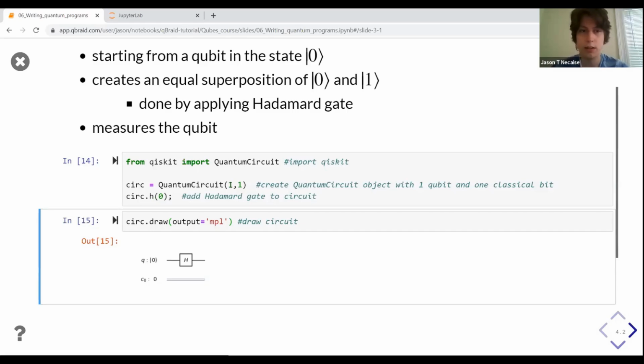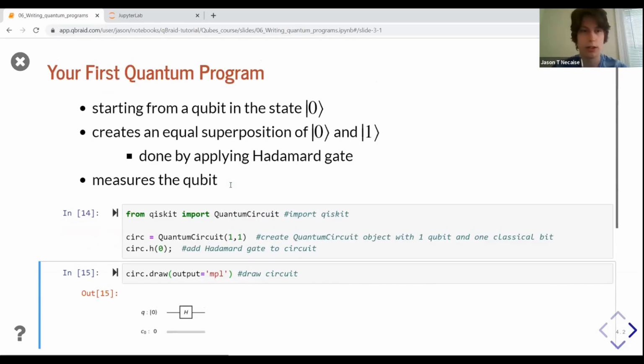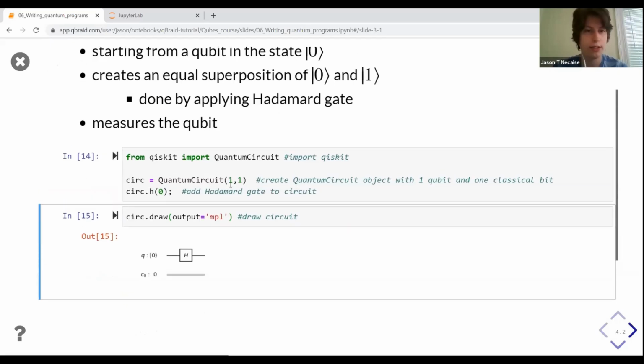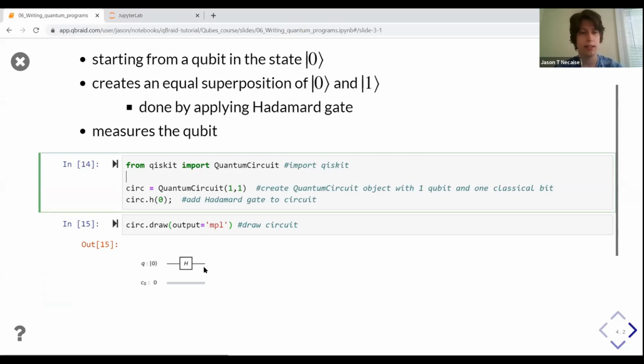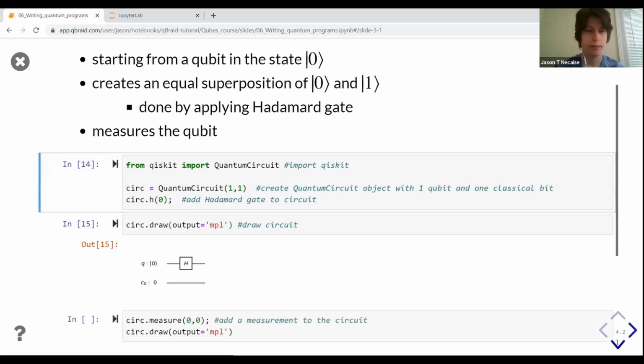So we've got our circuit built up. Now all that's left to do is measure it. We've successfully constructed a real model of one of the most basic quantum circuits you can get started with: a circuit that prepares a qubit in equal superposition of 0 and 1. So let's go ahead and measure it.